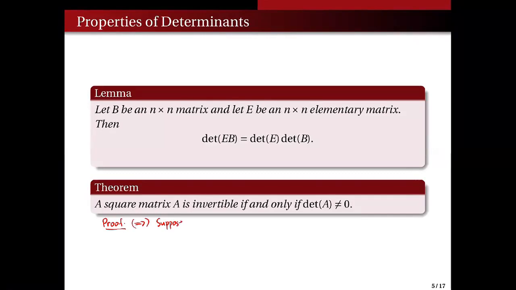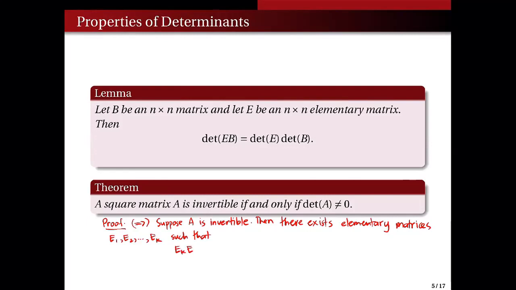So suppose A is invertible, then there exist elementary matrices, let's write E1, E2 until EK, such that when you multiply these elementary matrices to the matrix A, you will get I.